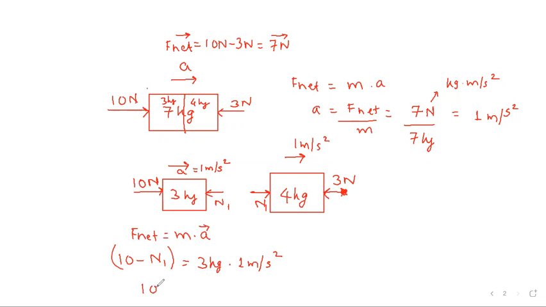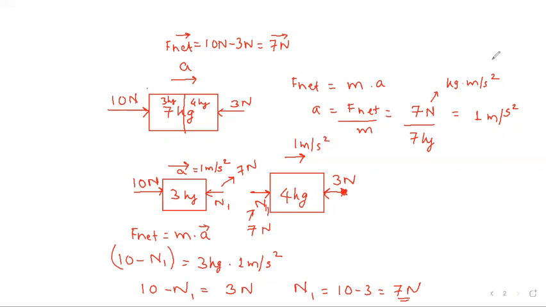So 10 minus N1 is equal to 3 newtons. If you solve this, N1 will be 10 minus 3, that is 7 newtons. So if this is 7 newtons, this is also 7 newtons. So your answer is 7 newtons.